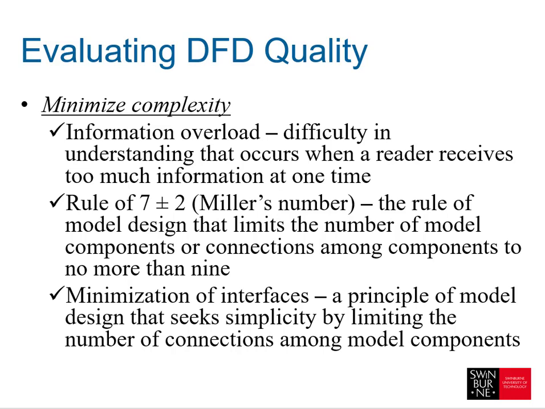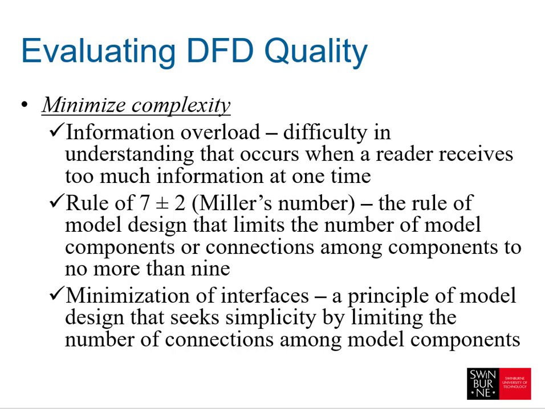These are general guidelines, not unbreakable laws. Data flow diagrams that violate these rules may still be readable, but a violation should be considered a warning sign of a potential problem.